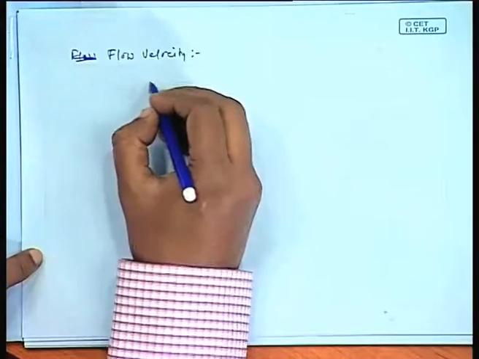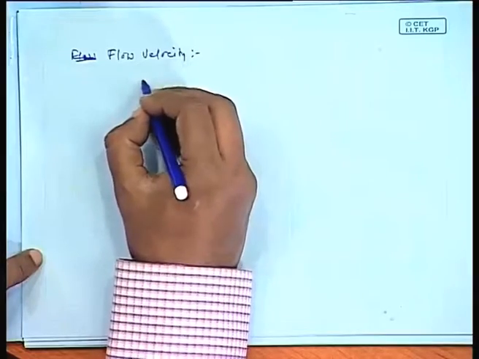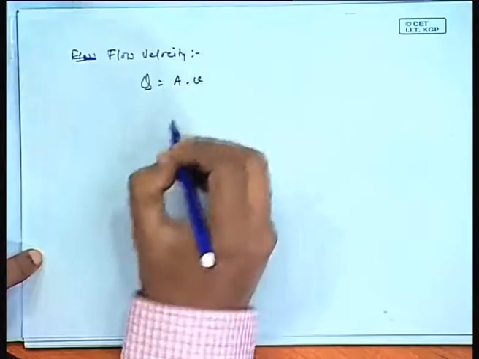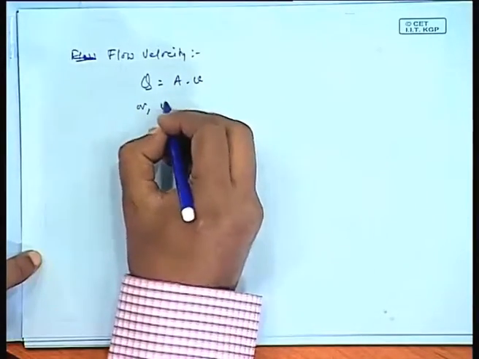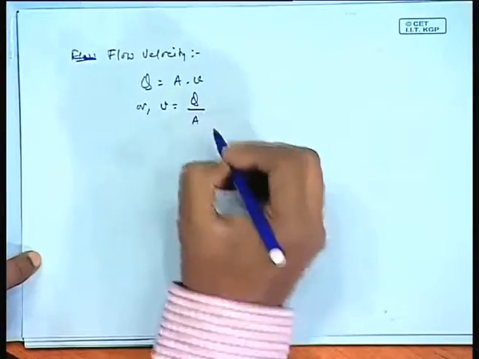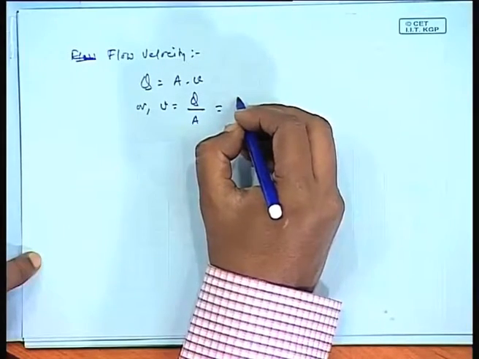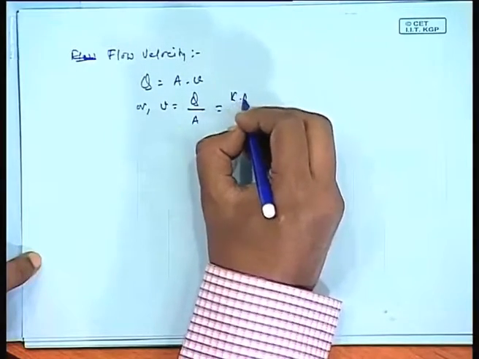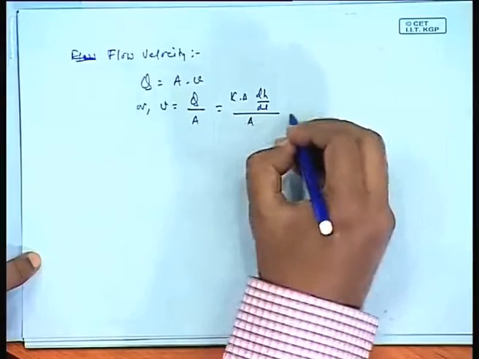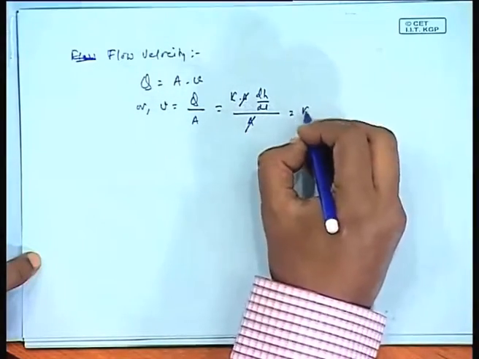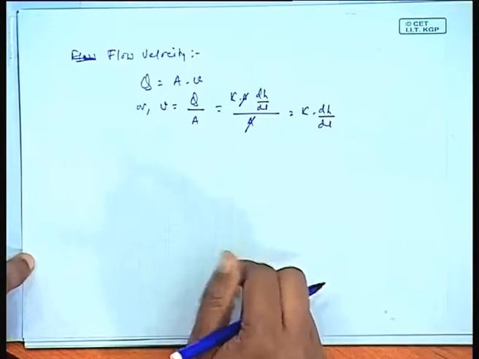Generally, a very popular notion is that Q is equal to A into V, where A is the area of the cross section and V is the velocity, so also V is equal to Q divided by A. Here in Darcy's case, Q divided by A is, as we have done, K dH by dl for Q. The K cancels out, and the velocity can be written very simply like this.